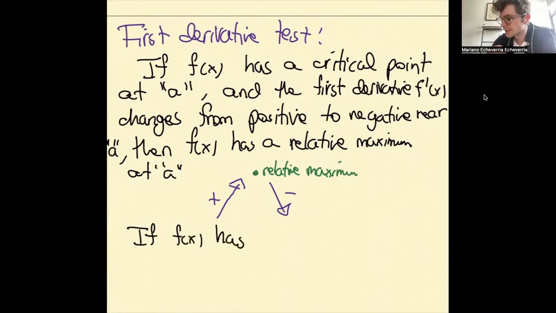And then the other one is basically the same for the relative min. It's just you go from negative to positive, right?